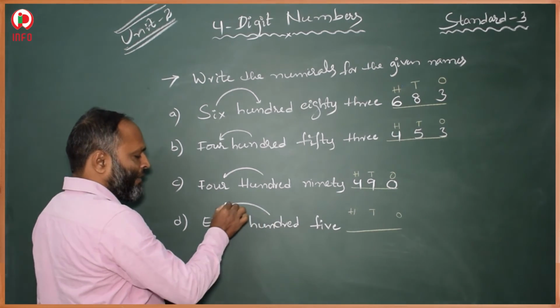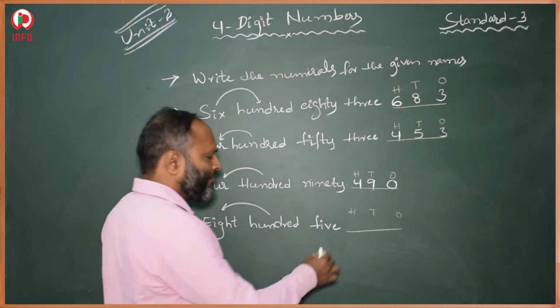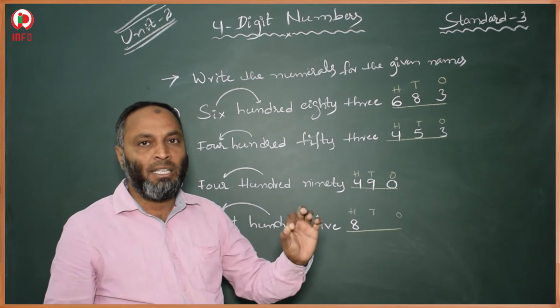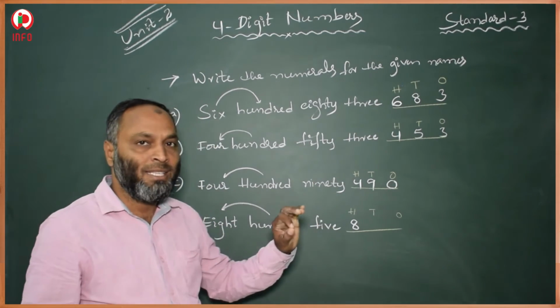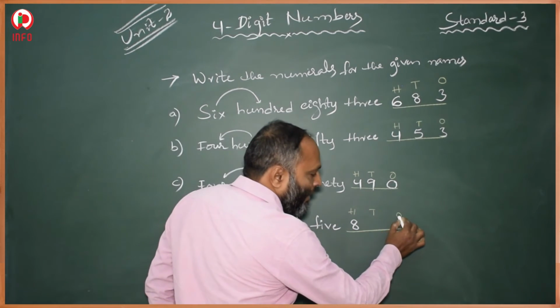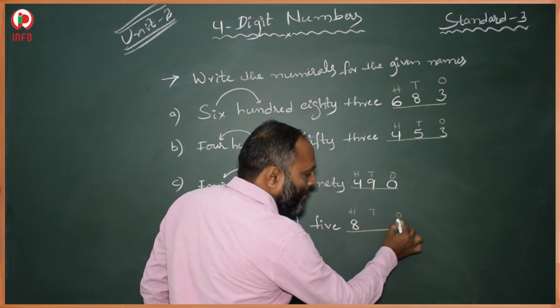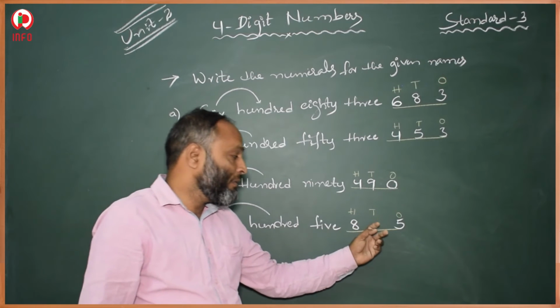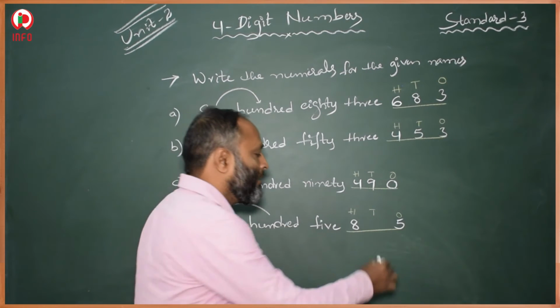In the hundreds place 8 is there. Here 5 is given. This is a single digit. When a single digit is there, we have to write it in the ones place. 805. Here one place is missing, in that we keep 0.